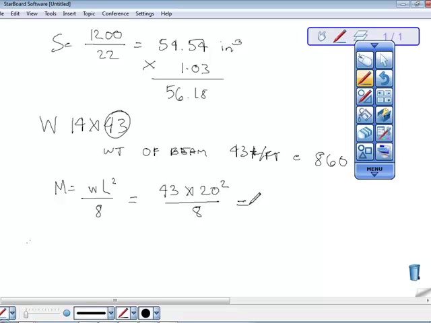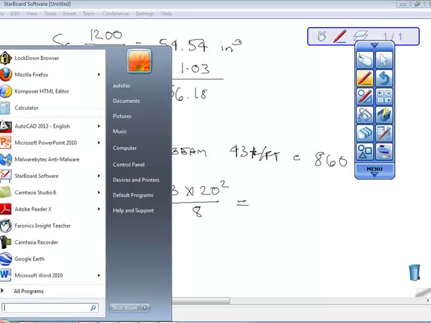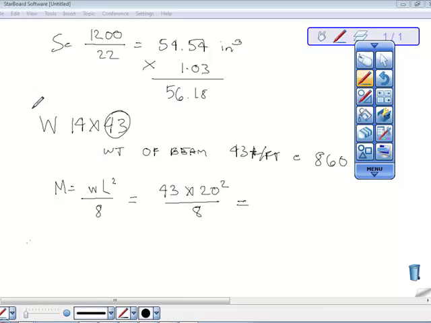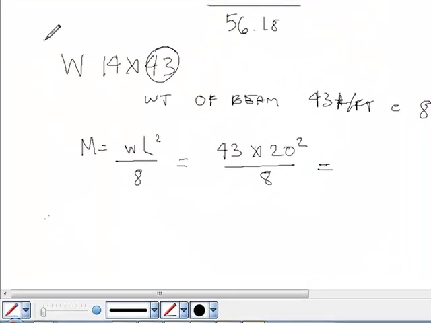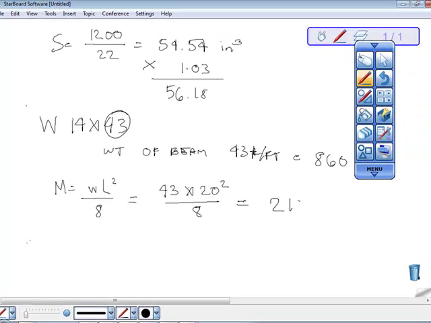It should be 43 times 20 squared, or 20 times 20 times 43 divided by 8. Here's my calculator. Okay, well, this must have been done wrong. Okay, 2150. I trust you.